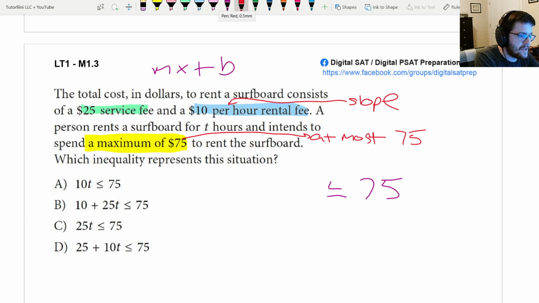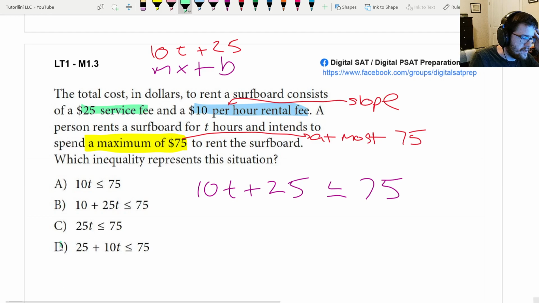Instead of x, we have t for time. Our m is the slope, which is the part before the per hour. So that's 10. And then the $25 service fee, that's your flat fee, which acts like a y-intercept. So that's 25. So this should be 10t plus 25 is less than or equal to 75.